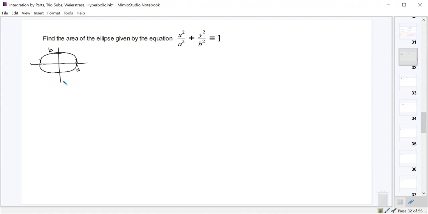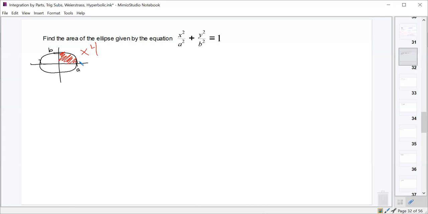So if we wanted to find this entire ellipse, it might be easier to just find one piece of it and then multiply it by 4. All right, so let's see if we can use an integral to find this area from 0 to a.